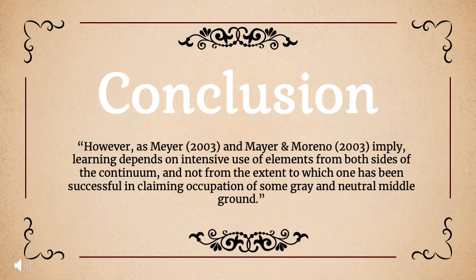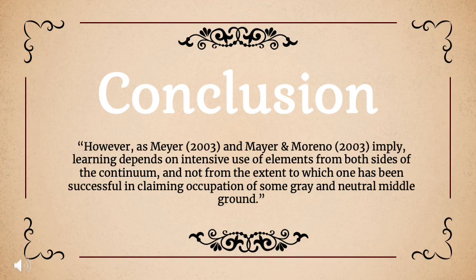In conclusion, Cronje utilized a statement by Mayer and Moreno that learning depends on intensive use of elements from both sides of the continuum, and not on the extent to which one has been successful in claiming occupation of some gray and neutral middle ground.